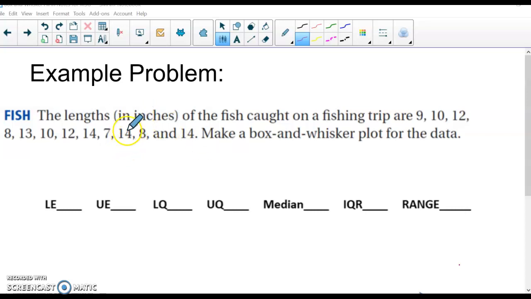So I see that my first number here is a 7. So I'm going to write 7. And then I know I have an 8, and I see another 8 in the data. I see a 9 up here, and that appears to be the only 9. And I saw a 10 next to that 9. So 9 and 10 are getting crossed off. I see another 10 here.